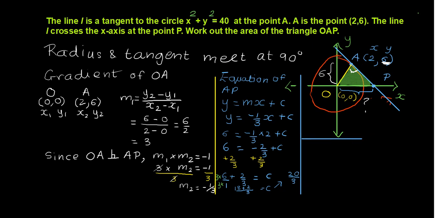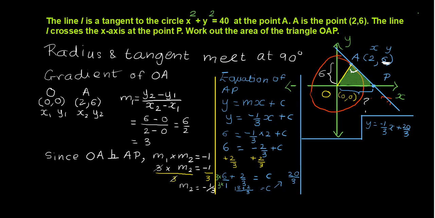Really struggling for space on this one, but we'll manage it somehow. Let's use the pen. So our equation then becomes y equals minus 1 over 3x plus 20 over 3.